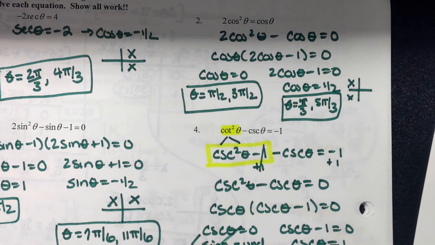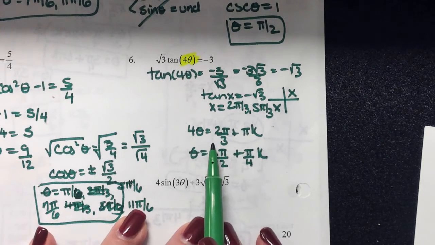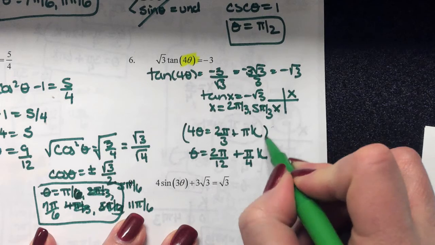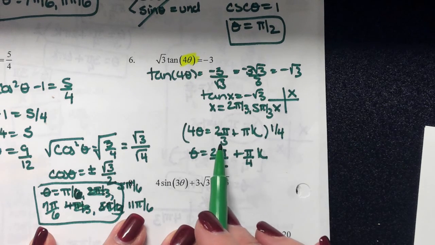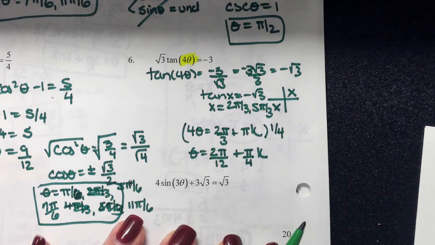Tan of pi over 6 was pi over 3. It is right here. Oh, okay. And then I have to divide by 4, or multiply by a 4th, so I multiplied this by a 4th. Yeah. So then that's going to give me 2 pi over 12, which is where I got the 2 pi over 12 plus pi over 4k from.